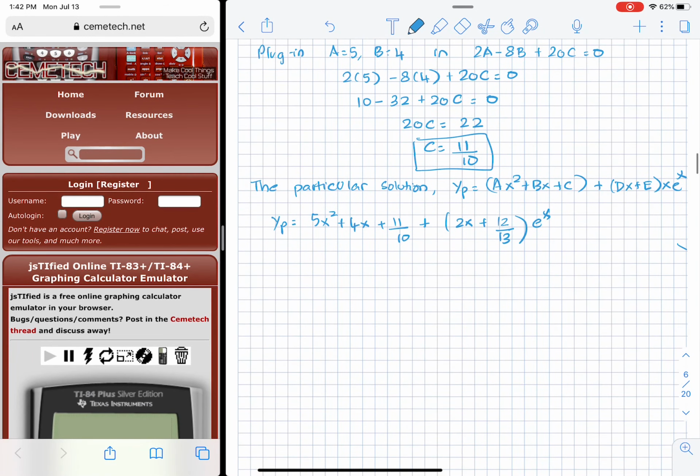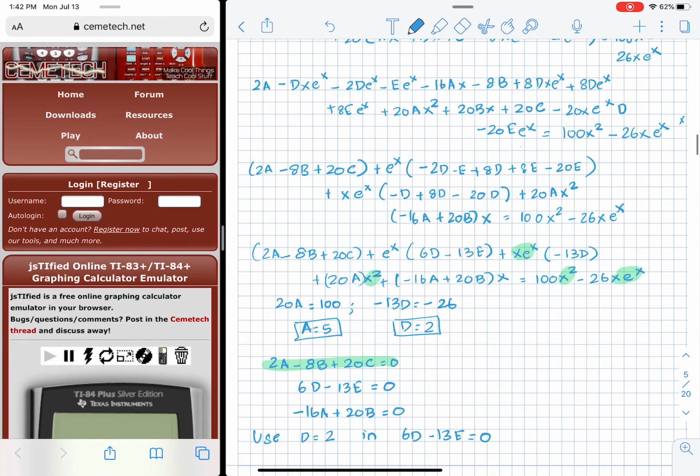So the final solution is y equals yc plus yp.